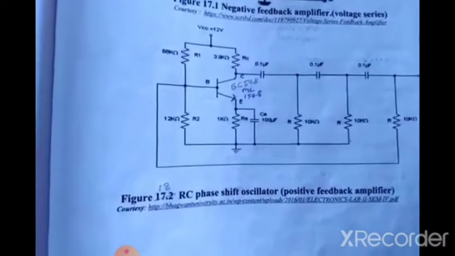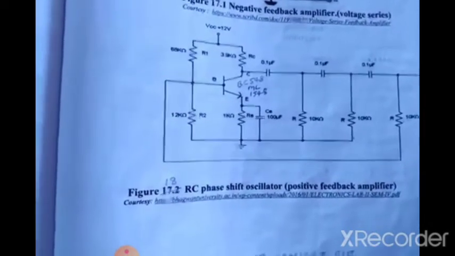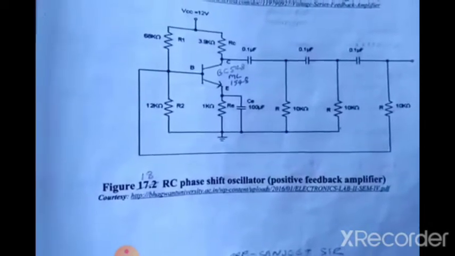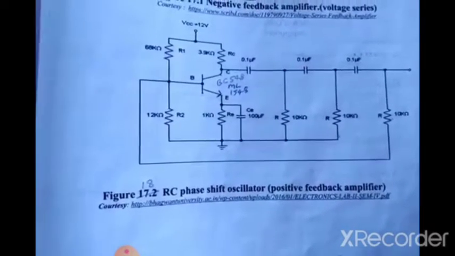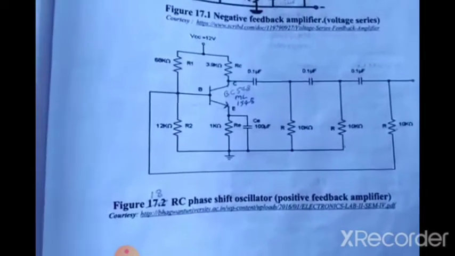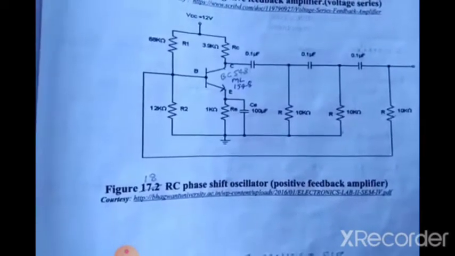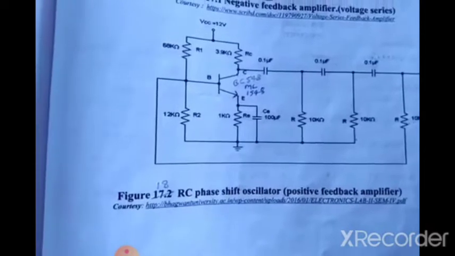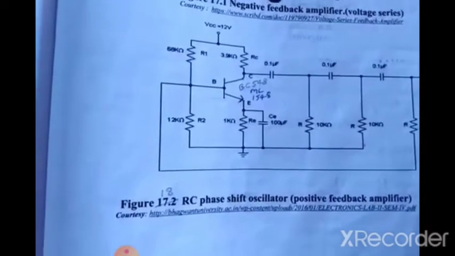But the advantage is that it increases the output voltage gain, which we are going to see while doing the calculation in the observation table. If the feedback signal is in phase with the input signal, I'll show you. This is the signal taken from the output.